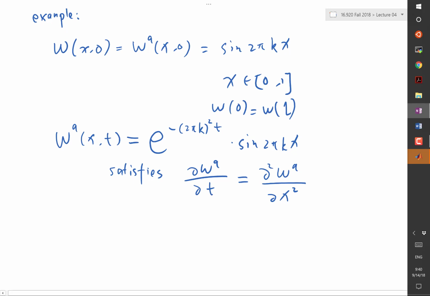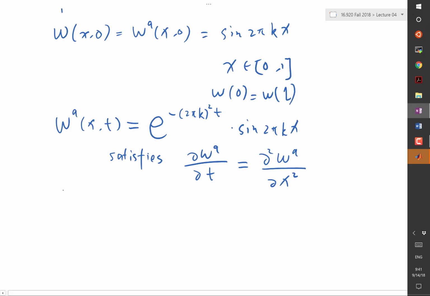We do the same thing. We plug the sine function not into the second order derivative, but into our approximation of the second order derivative, which is wi plus 1 plus wi minus 1 minus 2wi divided by delta x.